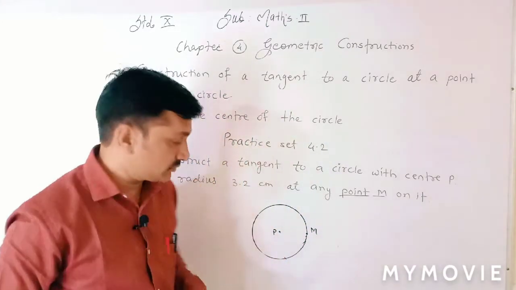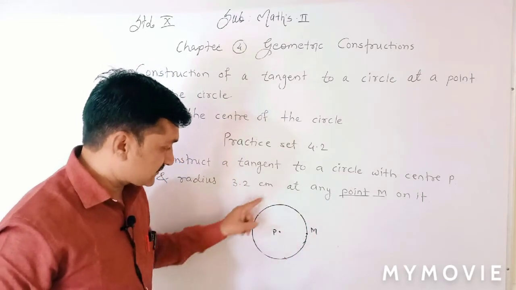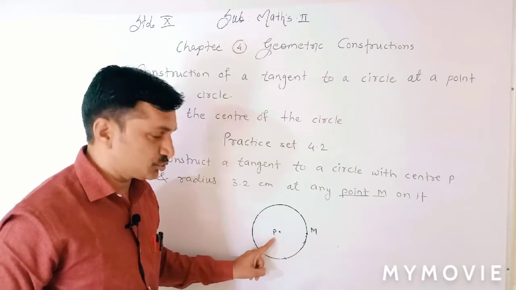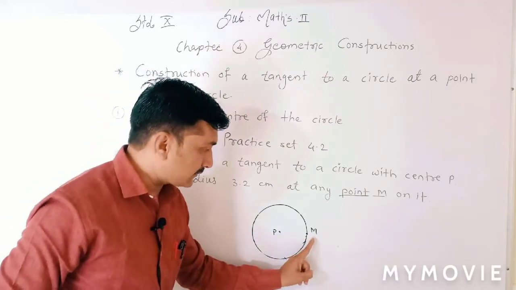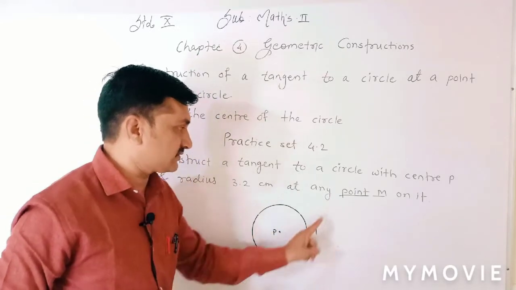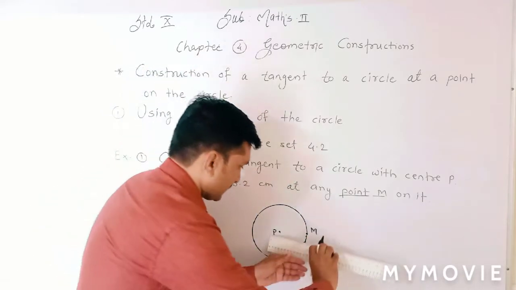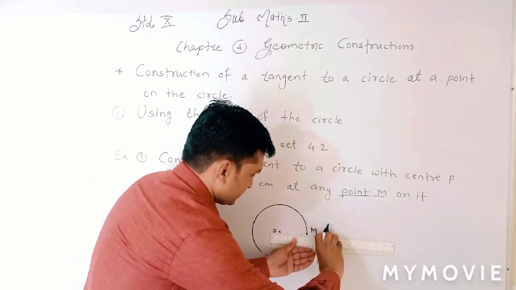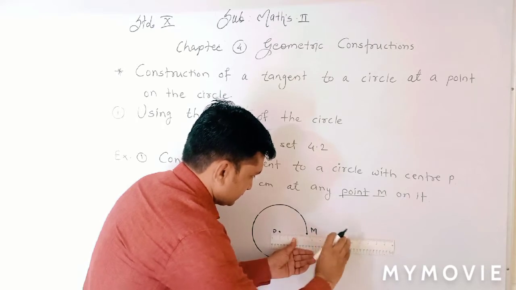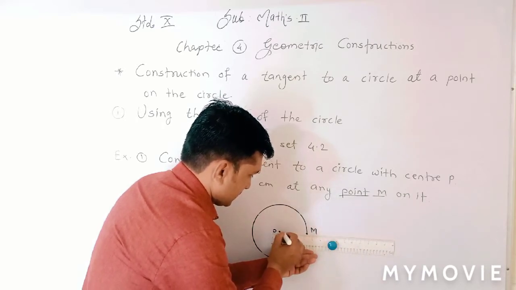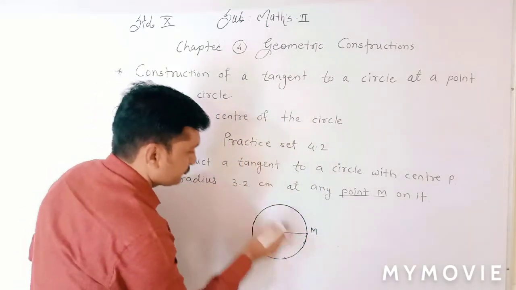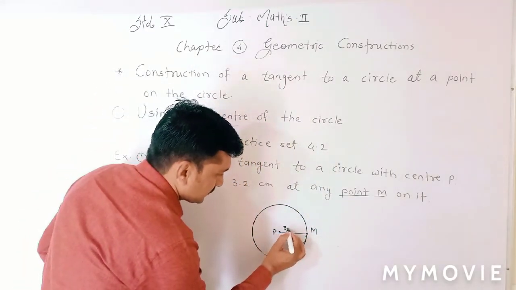Now see what we have done. First we drew a circle with radius 3.2 centimeter. Point P is the center, and point M is taken anywhere on the circle. Here PM is the radius of 3.2 centimeter.